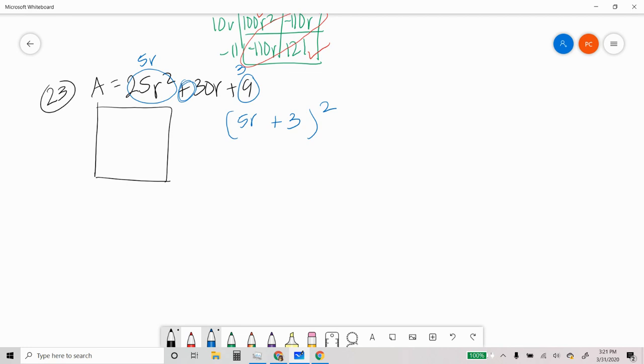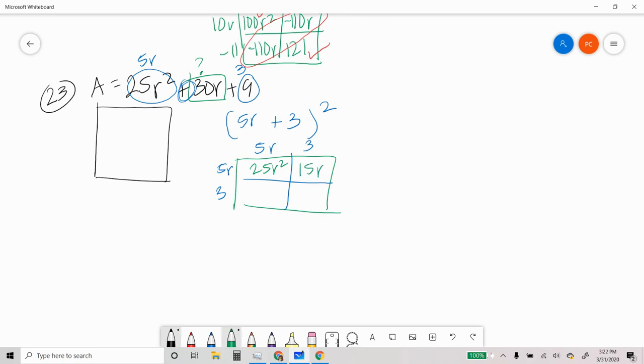Now, we know that our first term and our last term will work, but we still need to check the middle term. We can do that by working backwards and multiplying it out. 5r plus 3 times 5r plus 3. So 5r times 5r is 25r squared, just like we predicted. 5r times 3 is 15r. 5r times 3 is still 15r, and 3 times 3 is 9, again, just like we predicted.